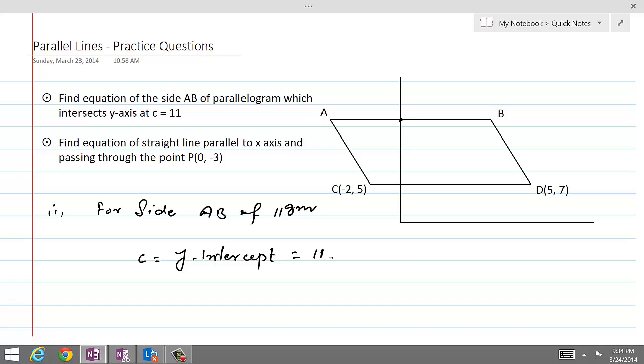Because AB is parallel to CD, whatever the slope of CD is, that should be the slope of AB.